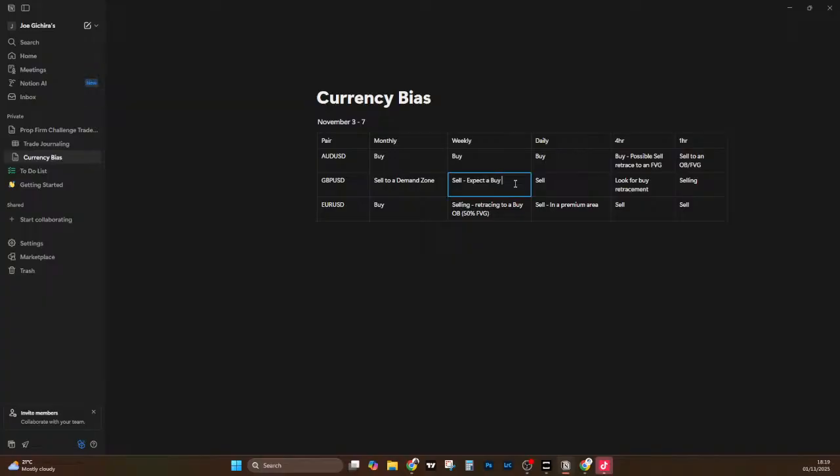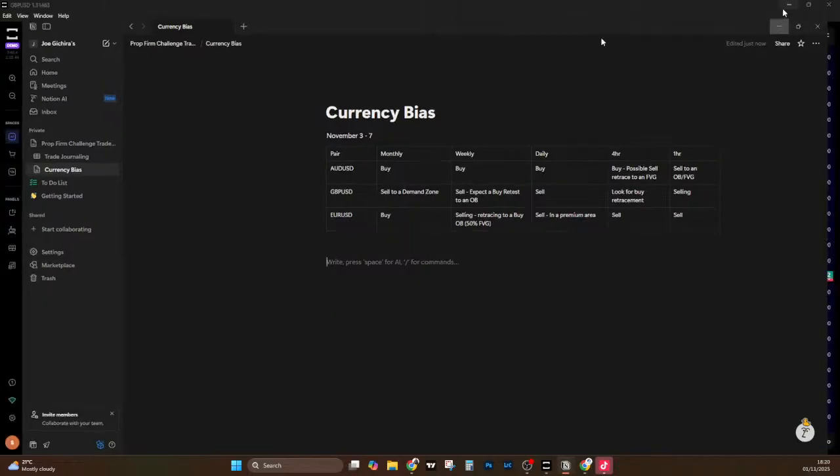Let's say it's a buy retest to an order block. Okay, so this will help you so that as you look for your buyers, it will be very easy for you to know why you are looking for certain buyers.